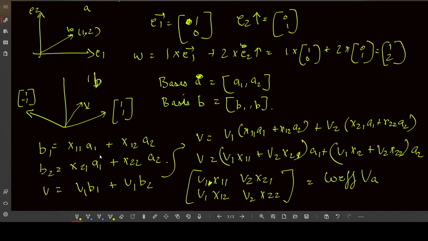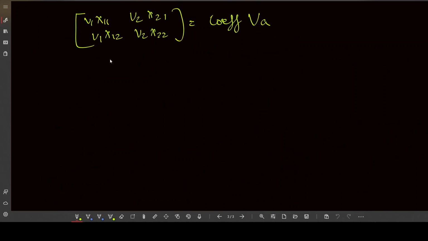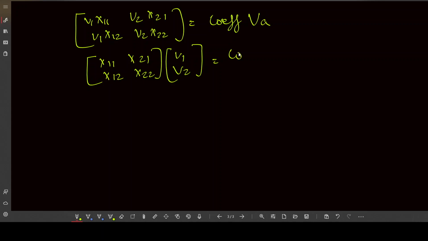If you just convert this into the matrix form, you'll get this. So this can be written as the matrix x11, x21, x12, x22 times V1 and V2, which is equal to the coefficients of vector V in the basis A, right? What is this matrix?